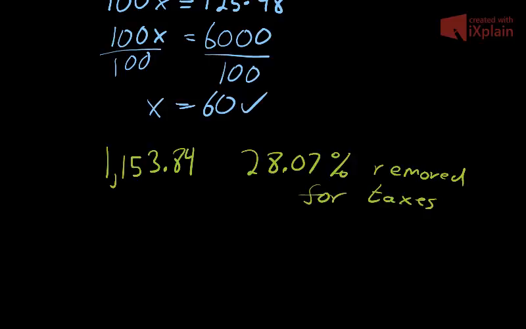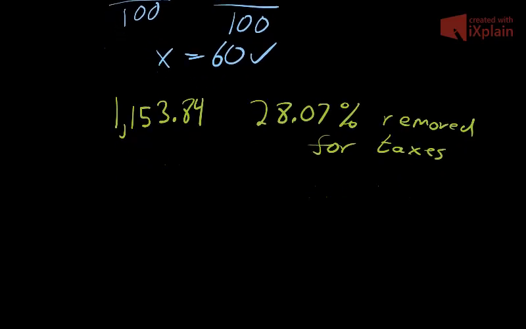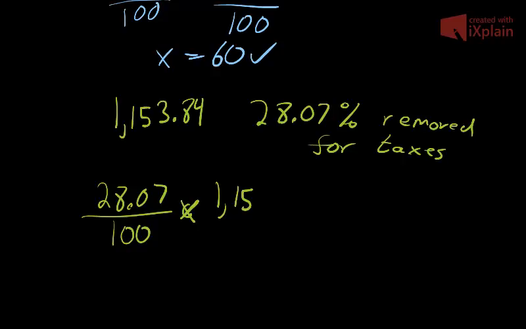So we're trying to find the net pay. So how much that gets taken away is going to be 28.07% of $1,153.84. So I'm going to take my 28.07, that's a percentage, so it's divided by 100, of, which also means multiply, $1,153.84.